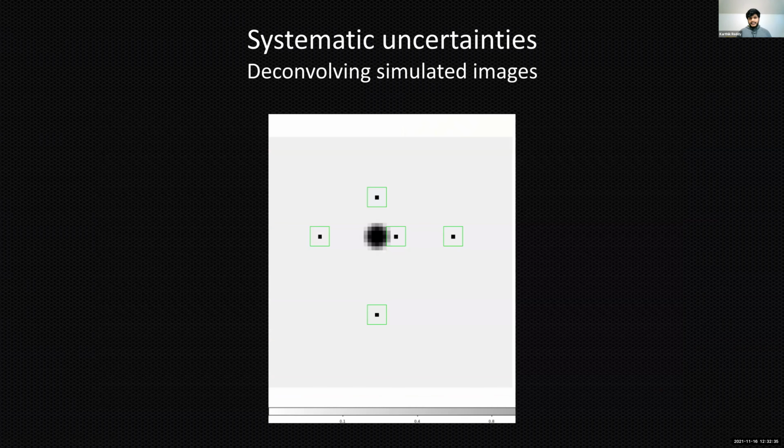I'll also briefly describe ongoing work on understanding the systematic uncertainties involved in measuring offsets using images from LIRA. So the setup is like this. There is a Gaussian source to represent the core, and then 5 other Delta functions scattered around the core to represent the knots.